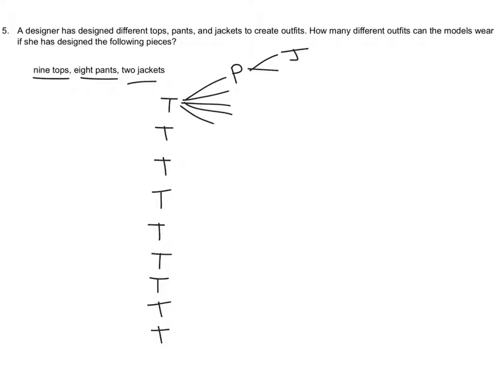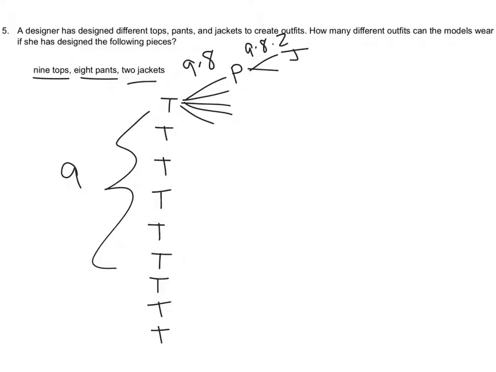So if we look at this, we had 9 branches to begin with. Then we drew 8 branches for each top, so that was 9 times 8 branches, a total of 72 branches. My third column will have 9 times 8 times 2 branches.